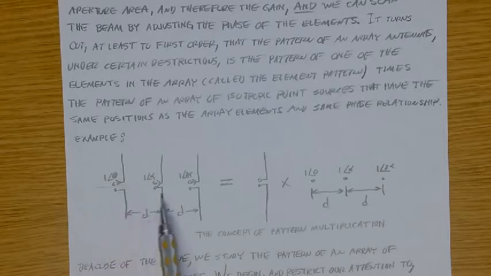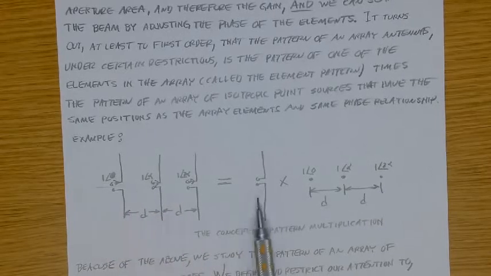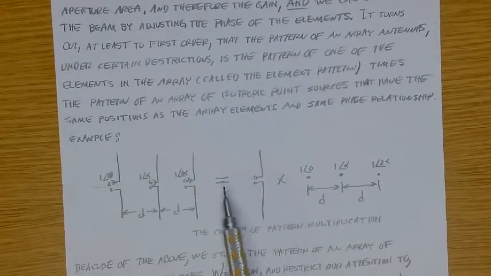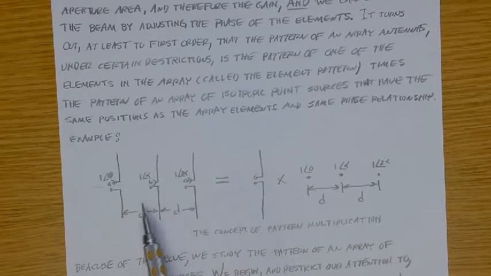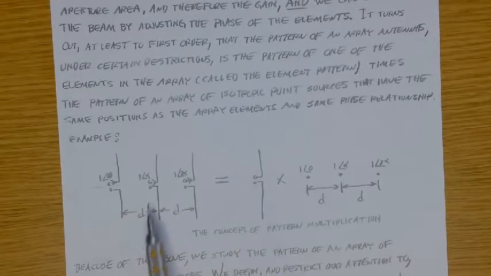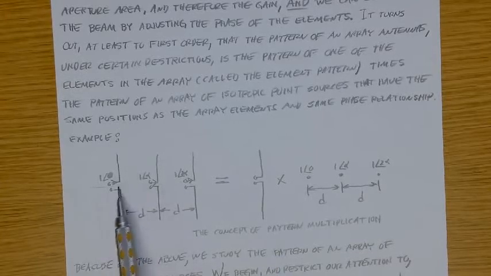The patterns of a half wave dipole and an infinitesimal dipole are not significantly different. Recall that the half wave dipole has a little more directivity than the infinitesimal dipole or ideal dipole. So anyway, back to the discussion at hand.